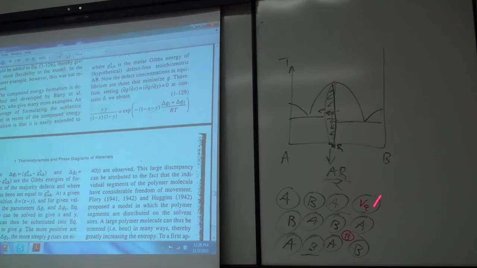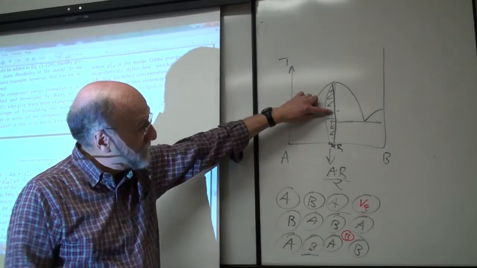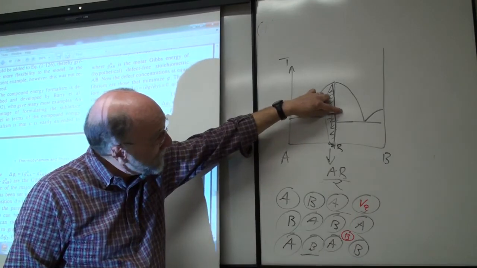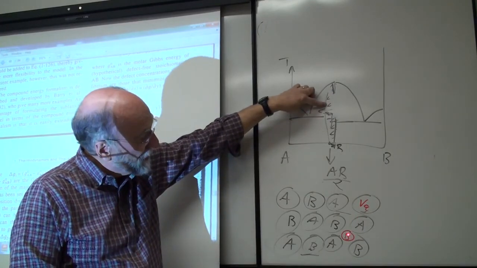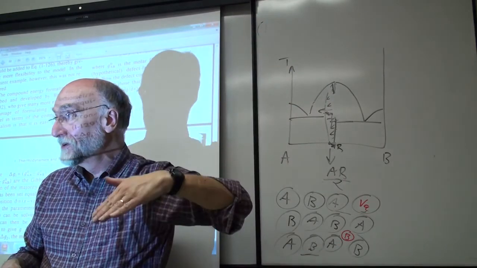These are called the majority defects. So on one side, say on this side now, on the B-rich side, you have mainly this kind of defect. Very rapidly too, by the way. If you move over, as you start at 50-50, then the amounts of vacancies and B are obviously equal. As you go further over this way in the stoichiometric range, you increase the number of interstitials, the number of vacancies rapidly decreases.